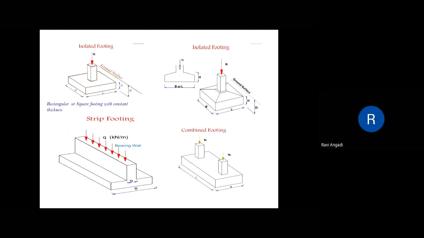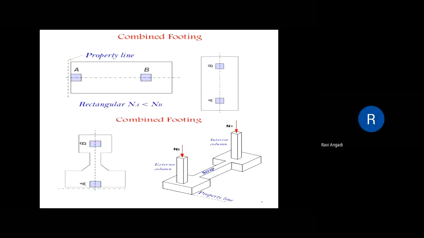I am discussing the types of footings, and to decide whether it is a combined footing, a strip footing or an isolated footing, it all depends upon the bearing capacity of the soil, which we calculate from the site. Again, here you can see the combined footings.